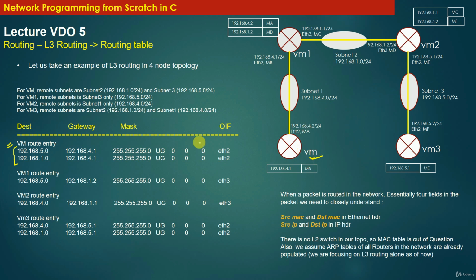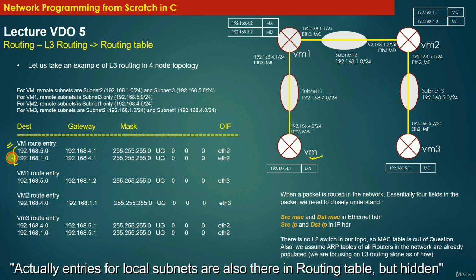So remember, in a routing table we always install the entries for remote subnets. You can see that 192.168.5.0/24 is a remote subnet which is subnet 3, and 192.168.1.0/24 is subnet 2, which is again a remote subnet with respect to the router VM.